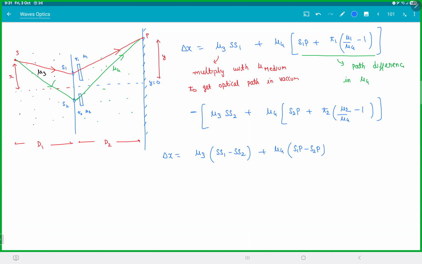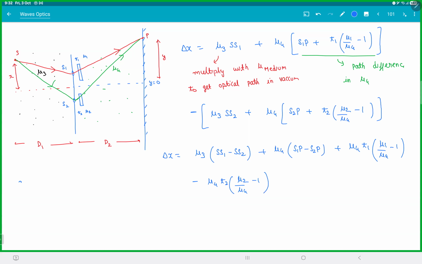Okay, I should have written minus plus, but then mu4 T1 mu1 by mu4 minus 1, mu4 T2 mu2 by mu4 minus 1. That's your path difference, everyone.